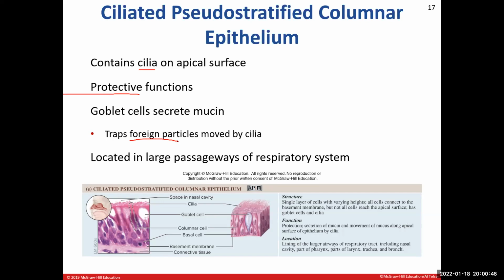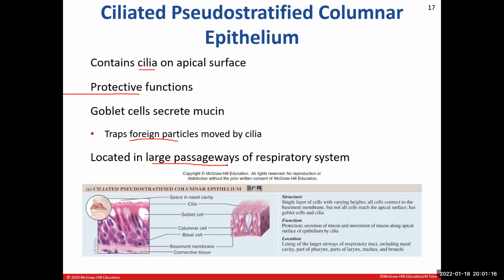So we find this type of epithelium in the larger passageways of the respiratory system. That's going to include your nose, or your throat, down into your trachea and into your bronchi. So pretty much we're going to see this type of epithelium in the larger parts of your respiratory system.